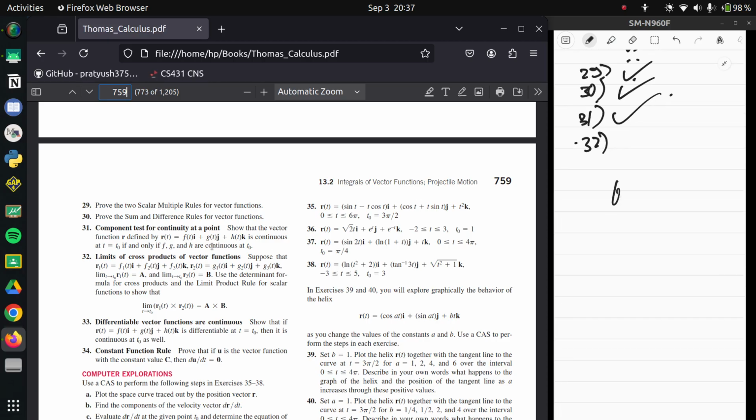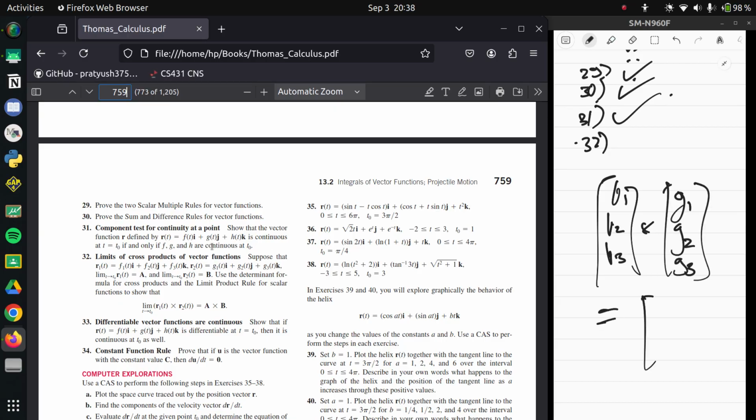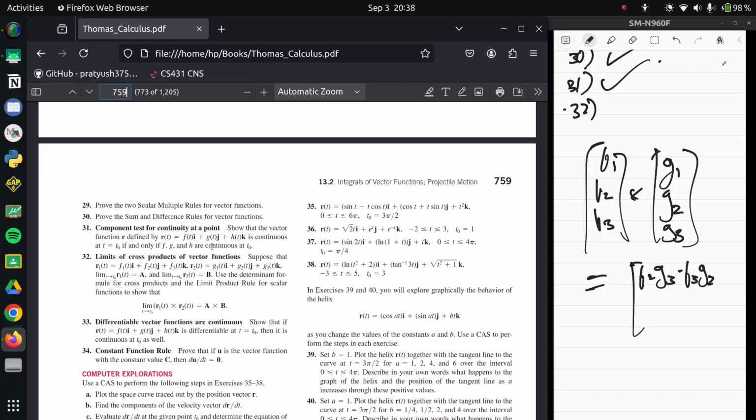Yeah, so you got F1, F2, F3, that cross product with G1, G2, G3, which happens to be what? It's just F2 G3 minus F3 G2, then you got F3 G1 minus F1 G3, and then F1 G2 minus F2 G1.